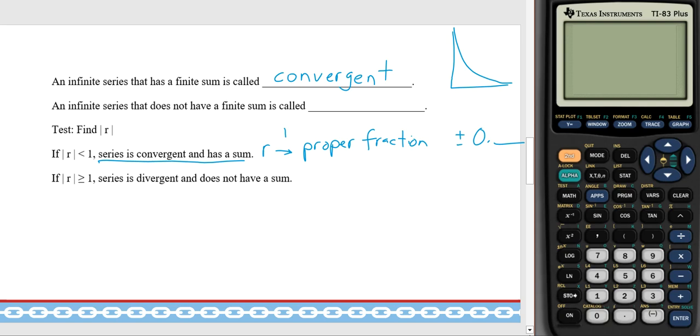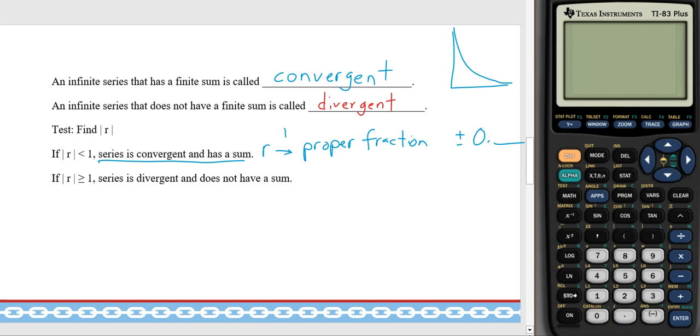For the other situation, an infinite series that does not have a finite sum is called divergent. Like a flight might have to divert and go somewhere else, go away from its intended target. A divergent series continues up or down towards either negative or positive infinity.